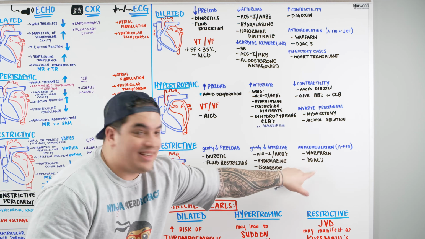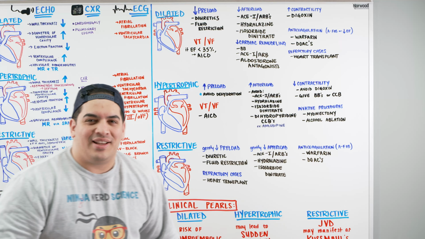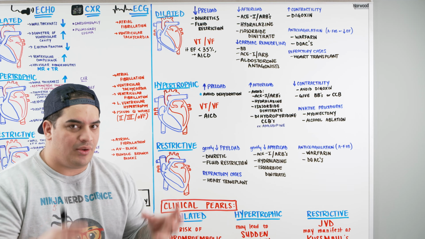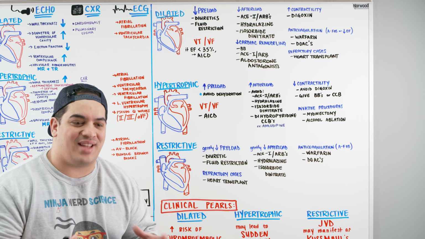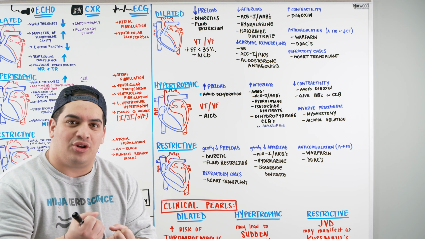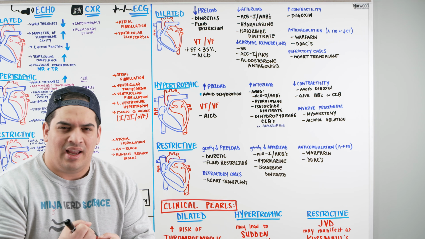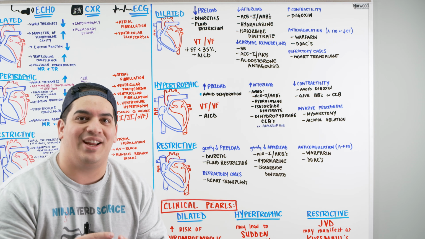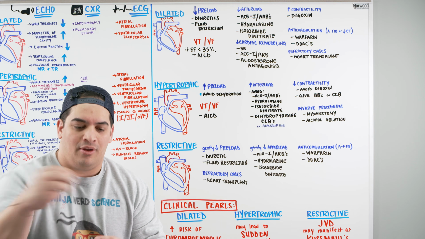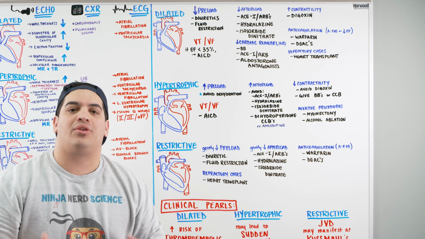The other thing is anticoagulation in these patients. Now this is interesting, right? Because we said that they have biatrial enlargement that causes atrial fibrillation. But you know what else is another weird thing? In these conditions, they have fibrous inflammation of the endocardium in some of these cases. If there's inflammation of the endocardium that causes endothelial dysfunction and injury, that increases the risk of platelets sticking to it and causing thrombi.